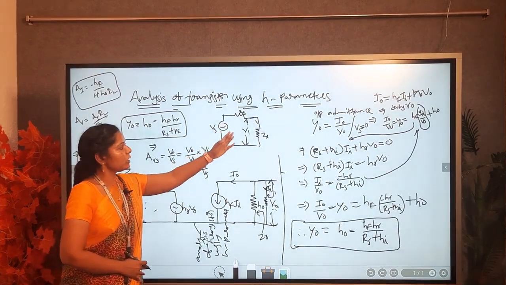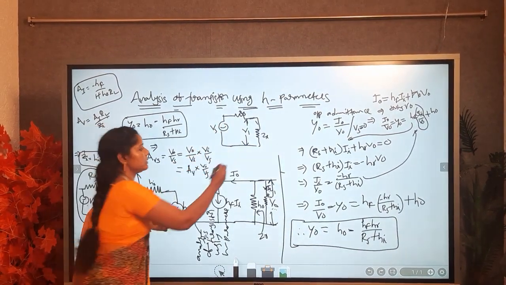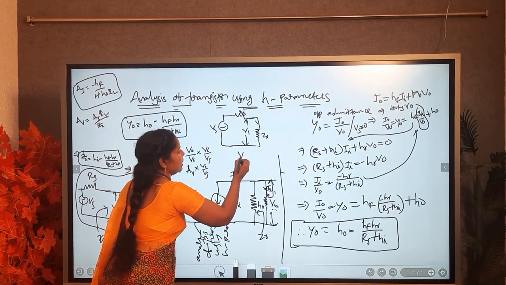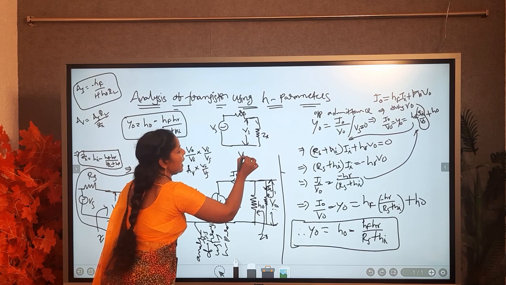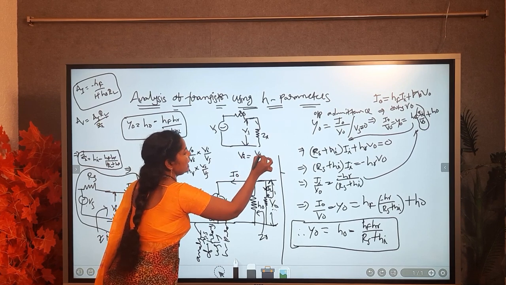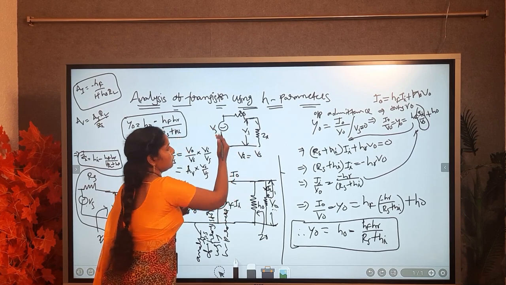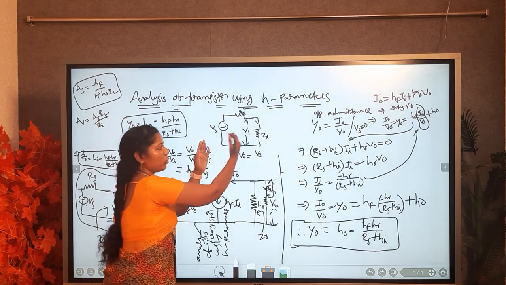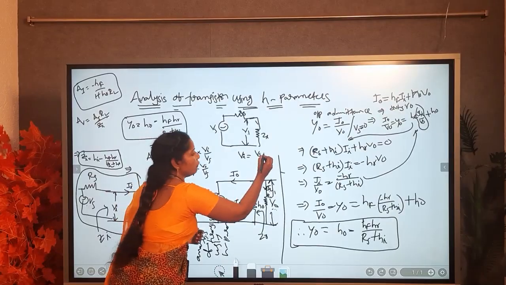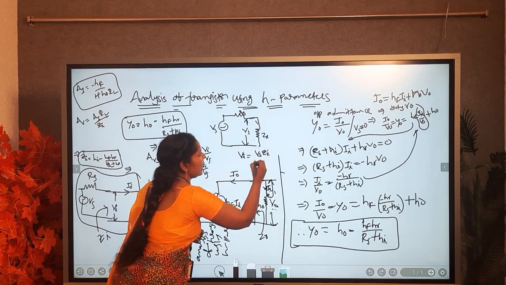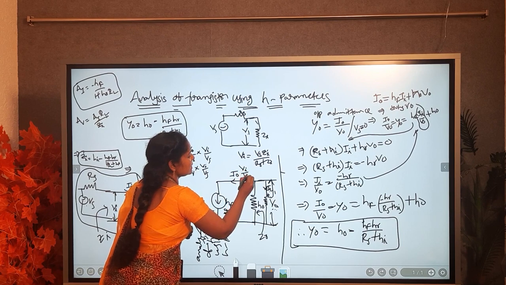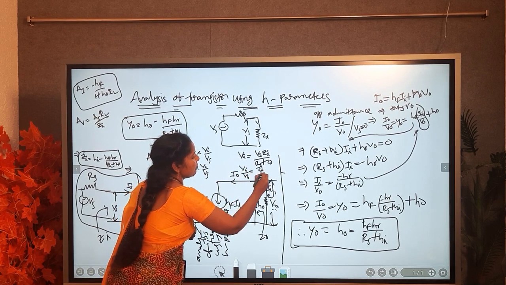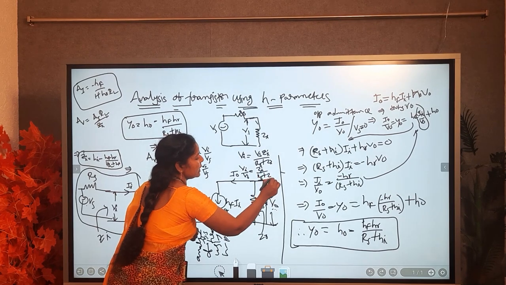From that equation, what will be Vi by Vs? Vi equals Vs into, this is the voltage source, across that there is a resistance, so Vs into Zi by Rs plus Zi. Therefore Vi by Vs equals Zi by Rs plus Zi.